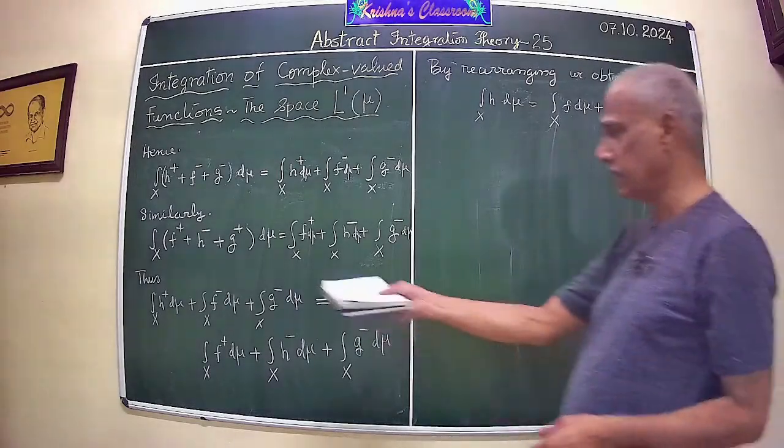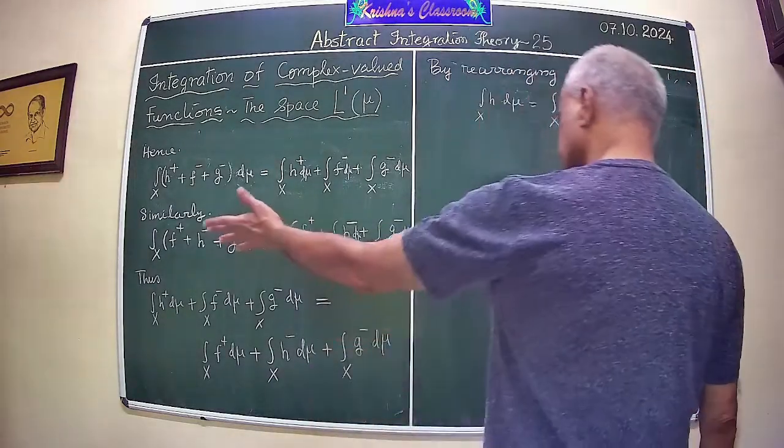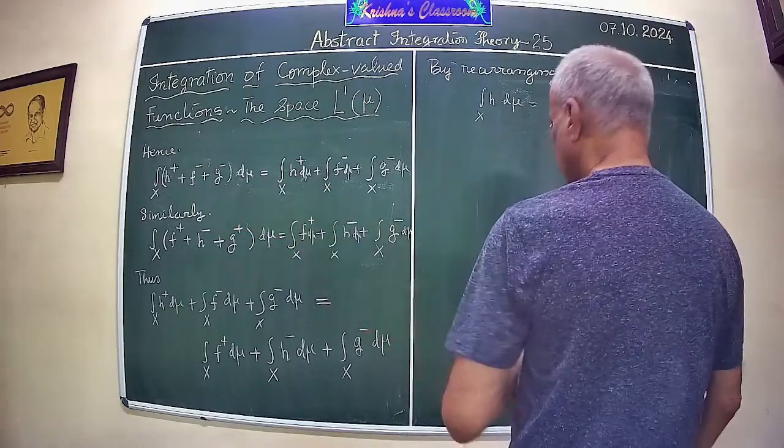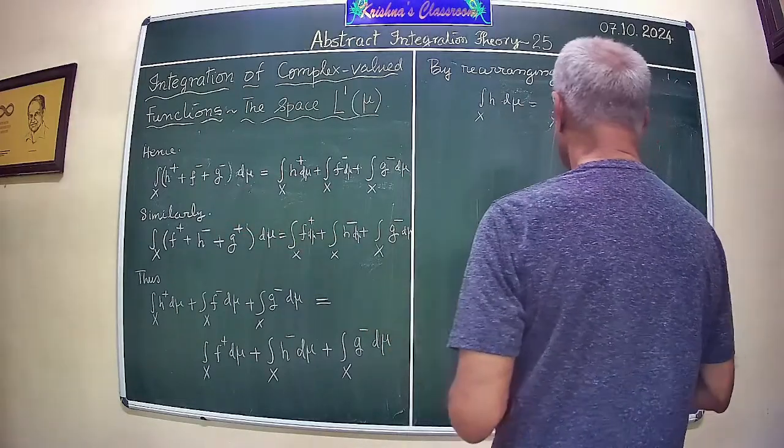By rearranging this, you put all the h terms on one side, the other one on the other side, and then just combine them. Right.